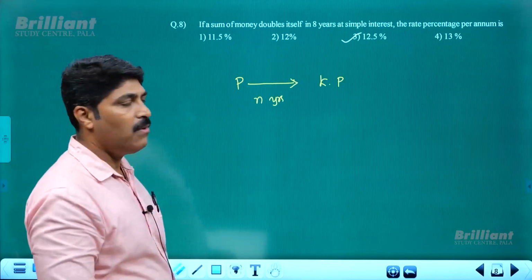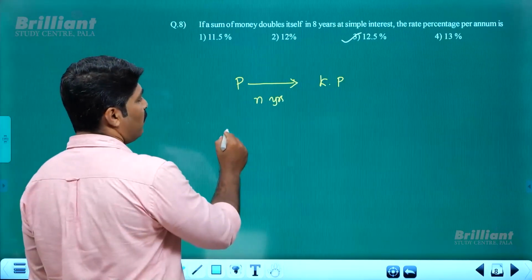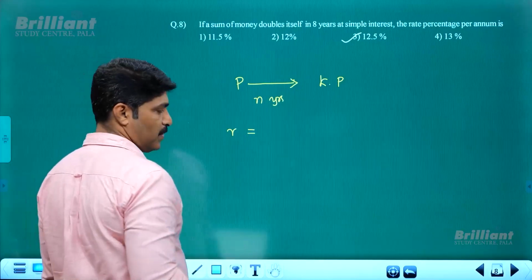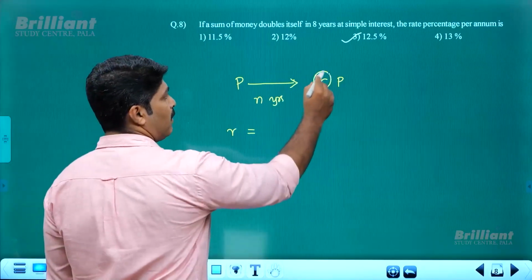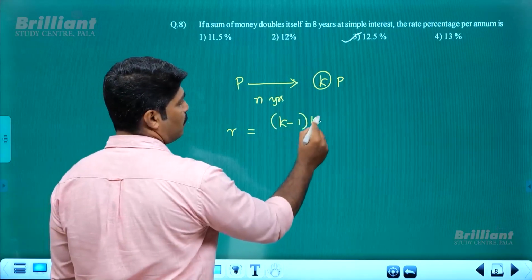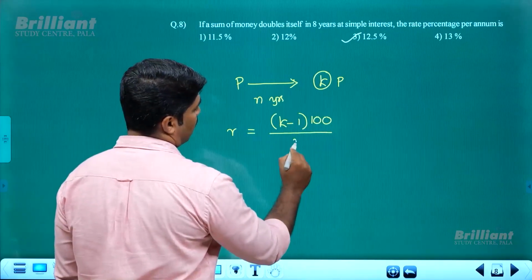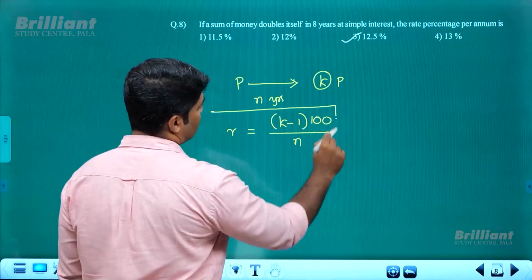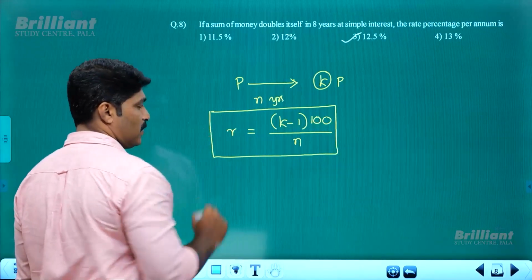Then to find the rate of interest, it is very simple: (k minus 1) into 100 divided by n. Apply this result for finding the rate of interest.